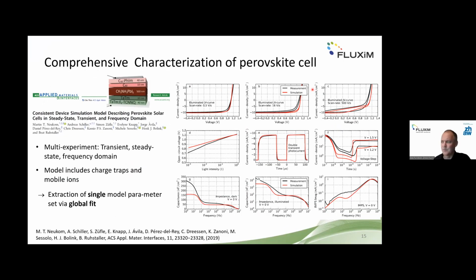Now, some years ago, we also introduced a global fit for this kind of perovskite solar cells by reproducing JV curves and pulse data and frequency-dependent data, as shown on the bottom here.